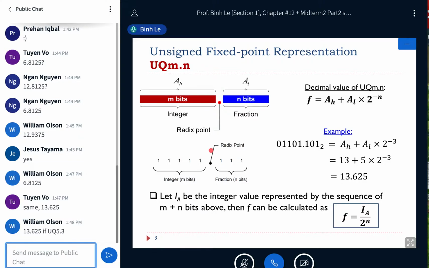Wonderful. So that's how you find the true value, the fixed point value, of a binary representation. Okay, so that's good. So you know UQm.n, right?